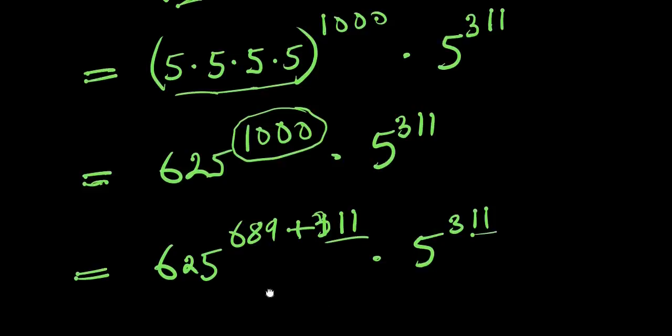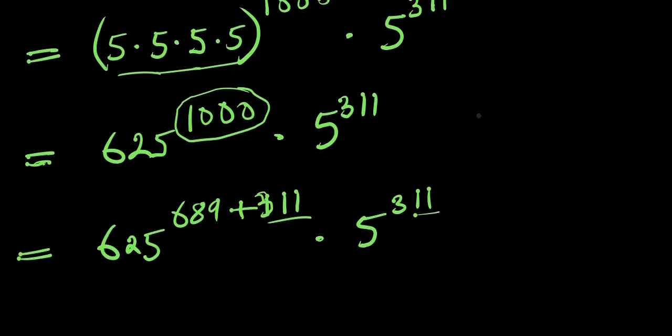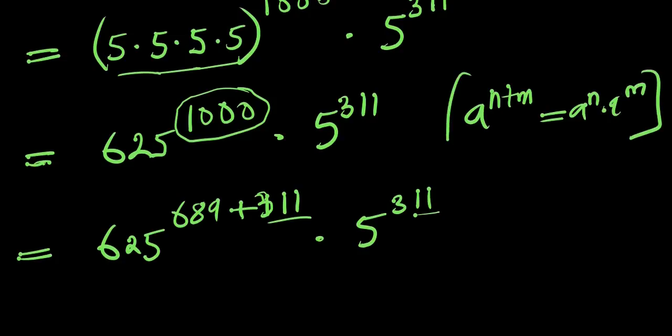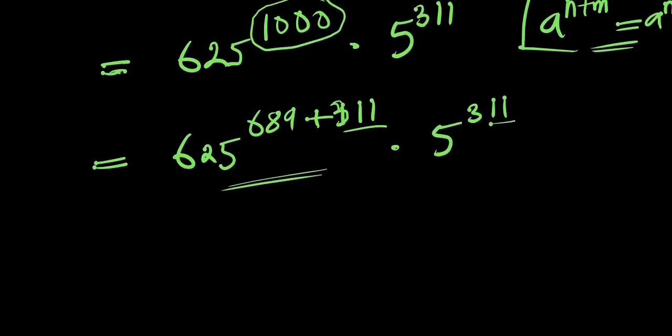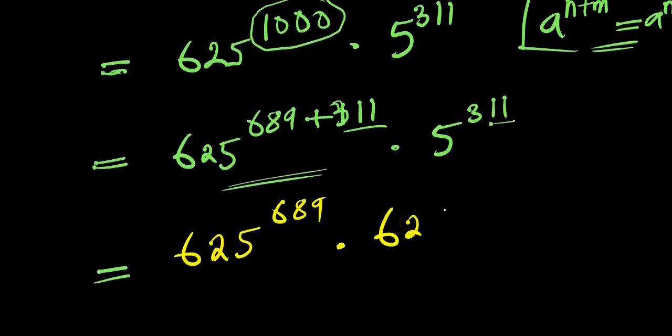So we go back to the same identity, a power n plus m equals a power n times a power m. We apply same here. So we have this equals 625 to the power of 689 times 625 to the power of 311, then we have times 5 to the power of 311.